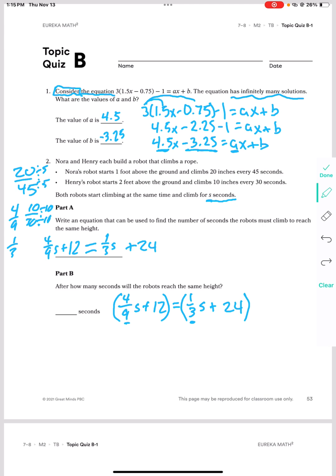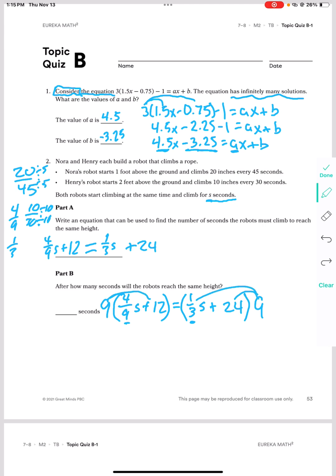Initially I know a lot of people will say 3, but there's nothing you can multiply times 9 to get 3. So the next option would be 9, which would be correct because 9 times 1 is 9, and 3 times 3 is 9. So now we are multiplying both sides, basically the entire equation, by 9, distributing 9 to everything in the equation.